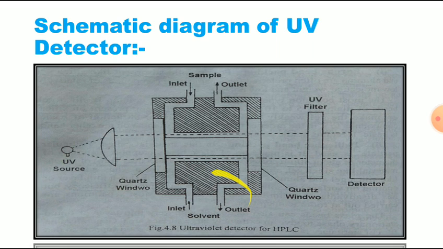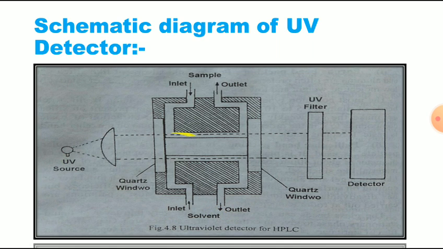Whatever samples are present in the column, the sample cell will show that many peaks in the graph, or chromatogram, but the solvent will show only one peak, depending upon the solvent, or mobile phase, we have used. If two or many compounds are present, we will get their peaks along with the mobile phase peak.